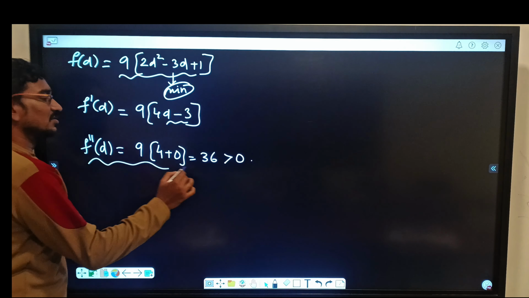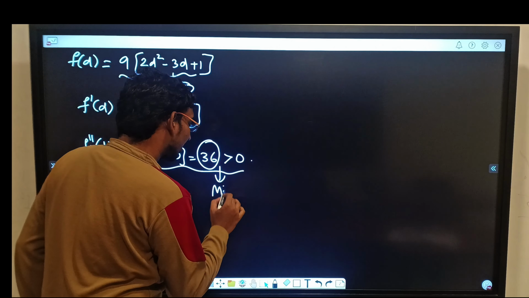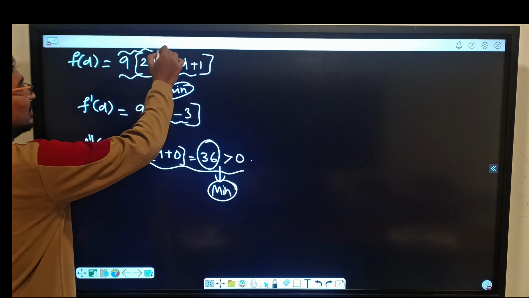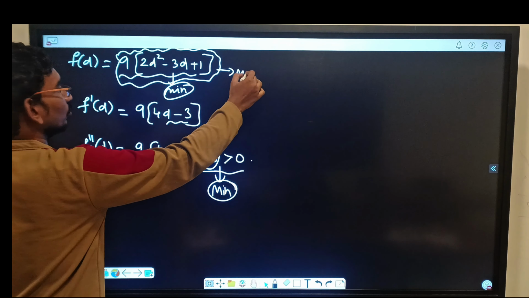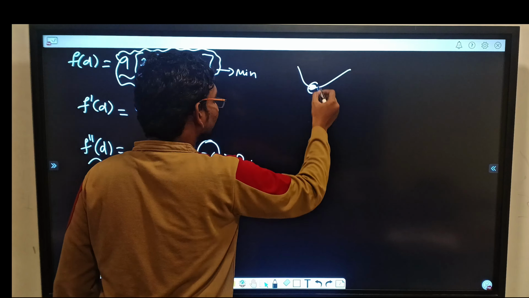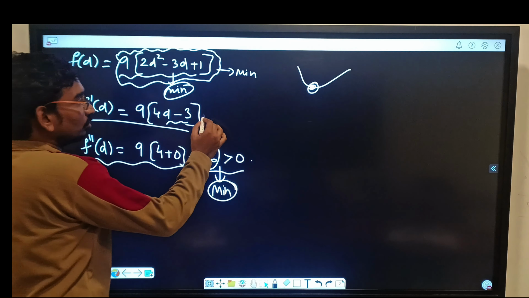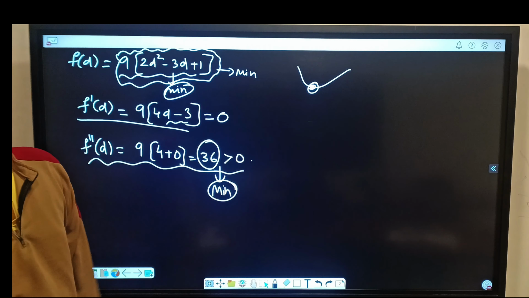So f double dash is 36, greater than 0. This entire curve has only a minimum value, and the minimum occurs where f dash d equals 0.